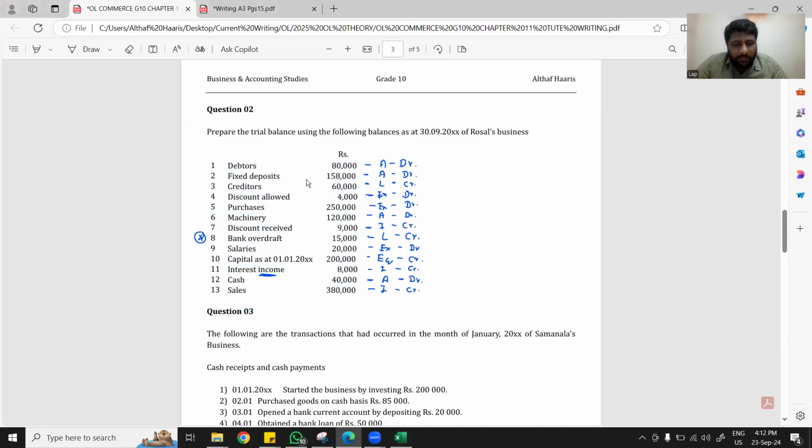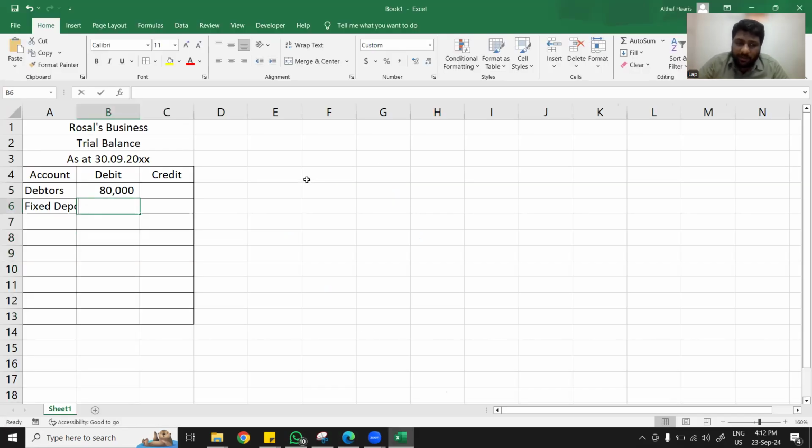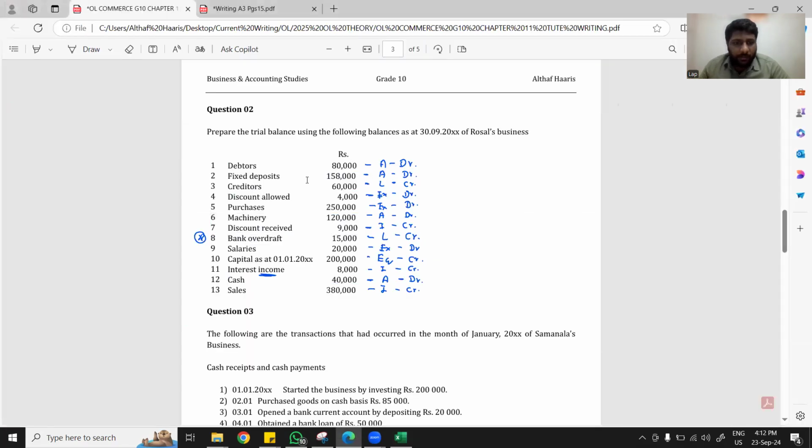Fixed deposit 158,000. Balance, no? Good. Creditors 60,000.